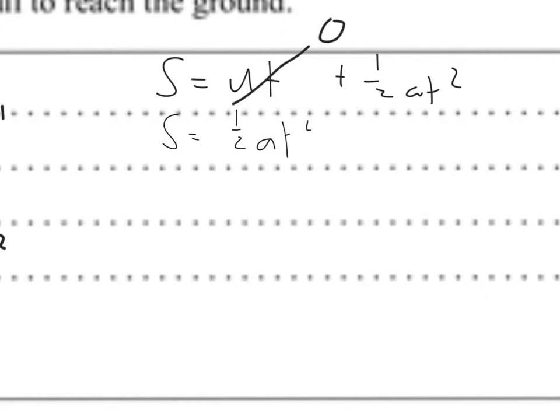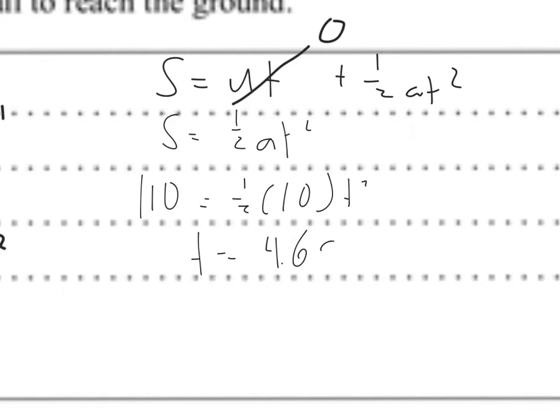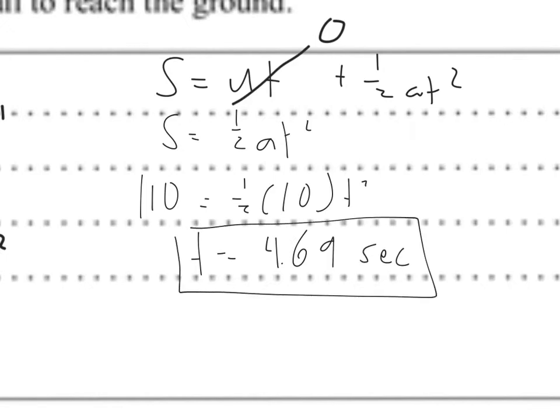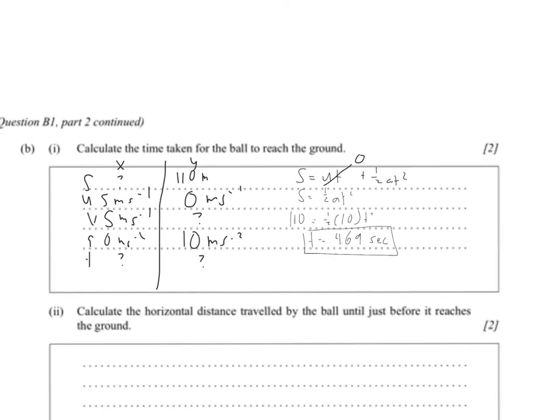We plug in values: 110 meters as our distance equals 1/2 times 10 times t squared. So t is going to be the square root of 110 over 5, which gives you t equals 4.69 seconds. And that is your answer for B.